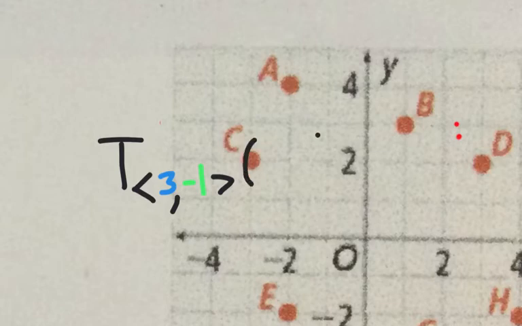And then sometimes you'll see them put in parentheses what it is we're translating. This time we were translating point A, so I might put A in parentheses. I'm not super focused on this part. That part doesn't matter to me as much. This is what I'm going to be looking at. But don't be surprised if you see problems in your book that have something in parentheses like this. They're telling you what it is you're translating.